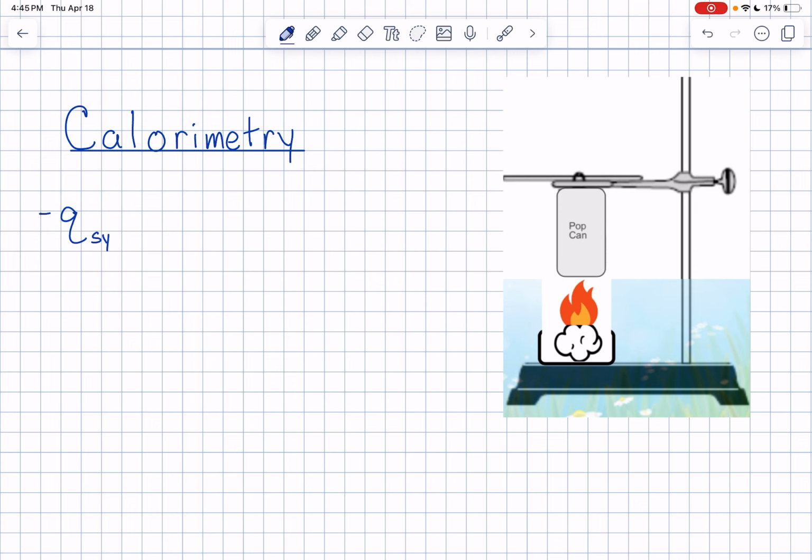So let's call it system A. And we measure this by determining how much energy is gained by system B, which in our case is going to be water. So the energy will transfer due to the law of conservation of energy. The amount of energy lost from system A will equal the amount of energy gained by the water.